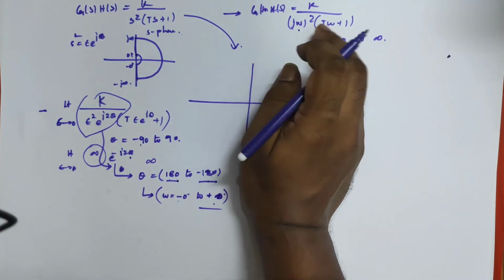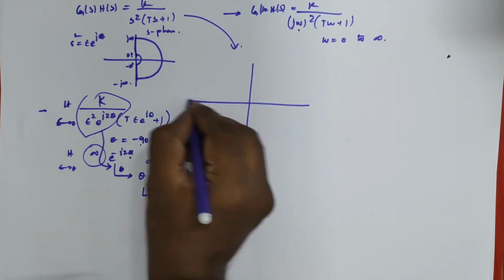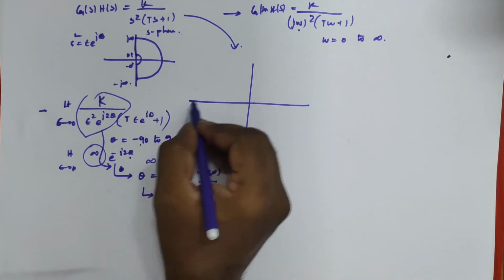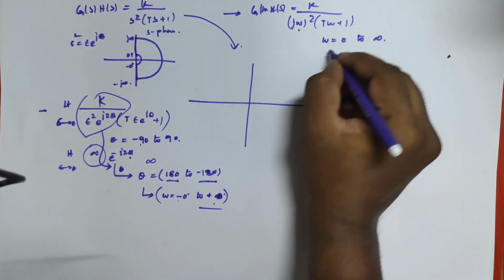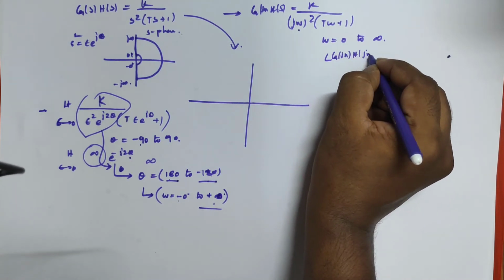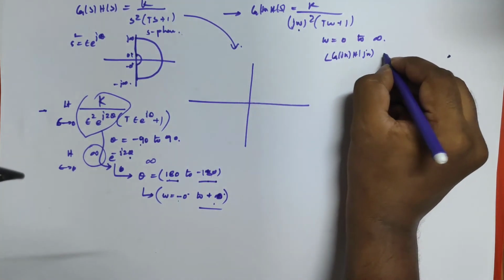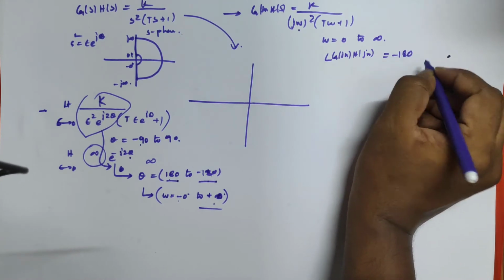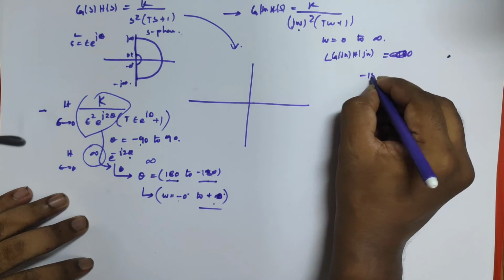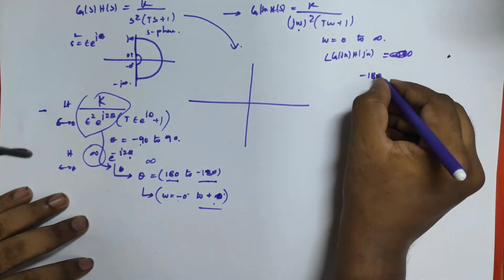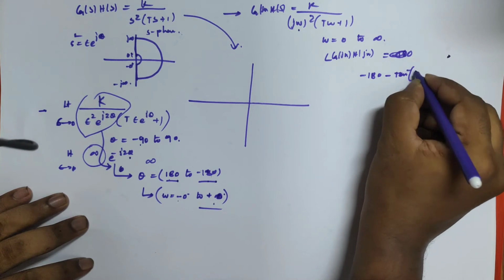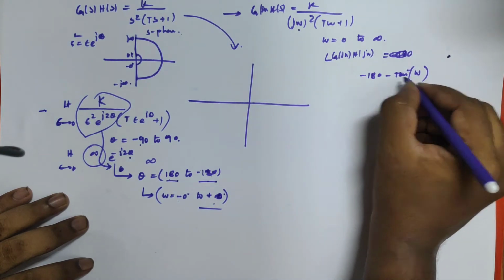I'll get infinite magnitude. What is the angle? Let us work it out. I'm having two poles at origin, so minus 90 plus minus 90, minus tan inverse of omega. So this is my phase.